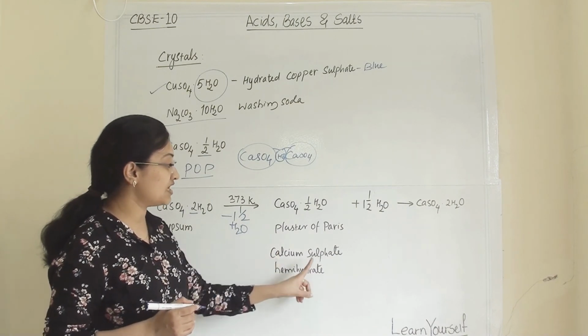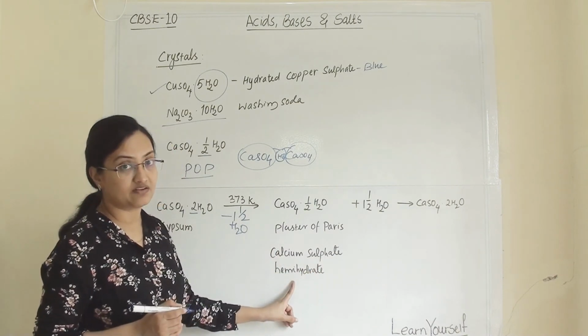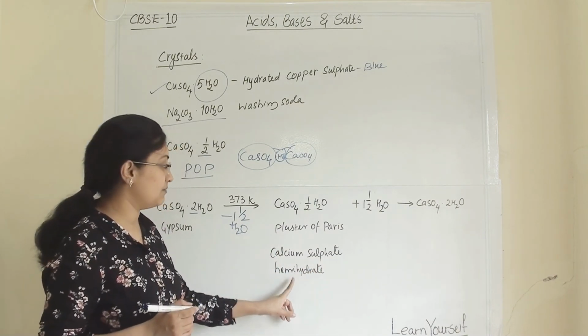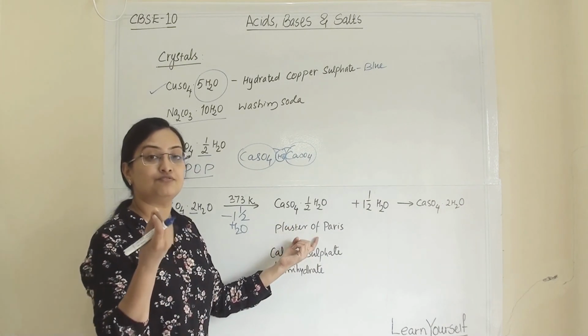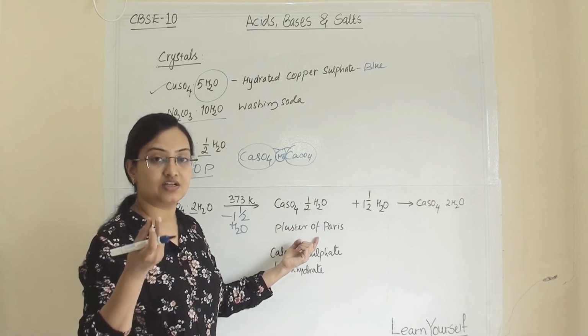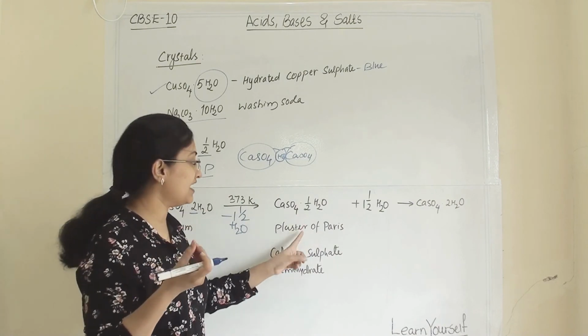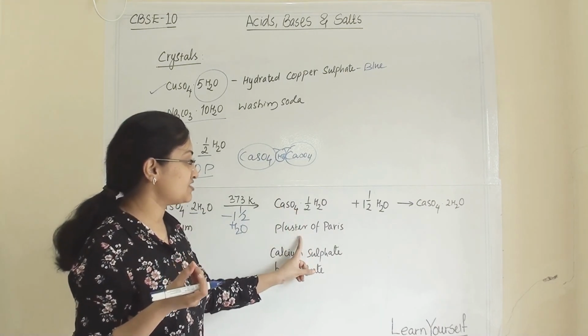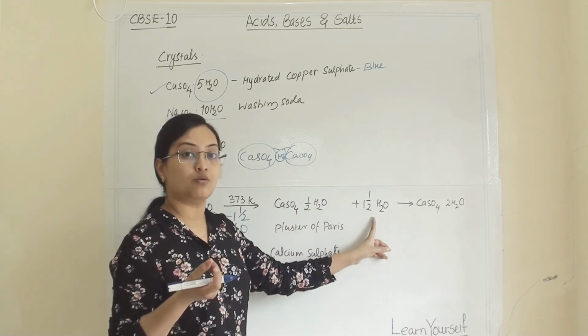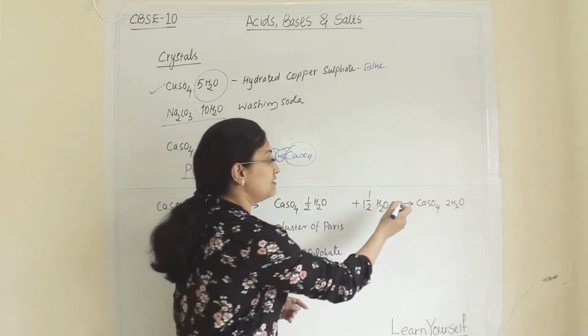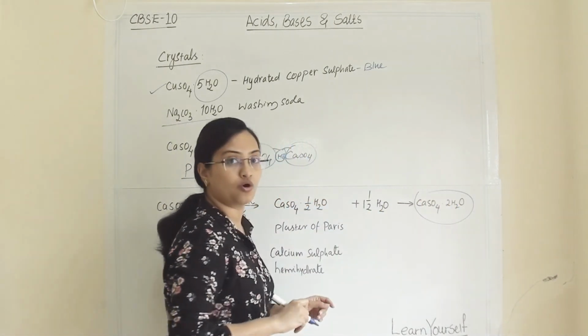Now this is known as calcium sulfate hemihydrate. This is its chemical name. It is in the form of a white powder-like material. Again, when this plaster of Paris is mixed with water, it gives us a hard mass of gypsum.